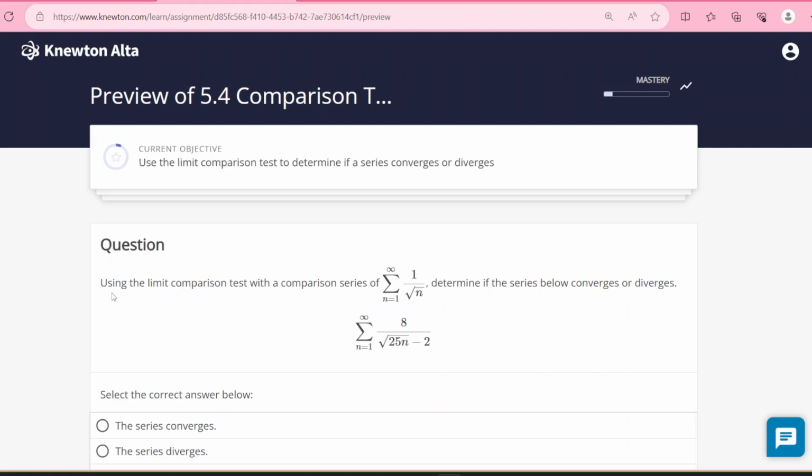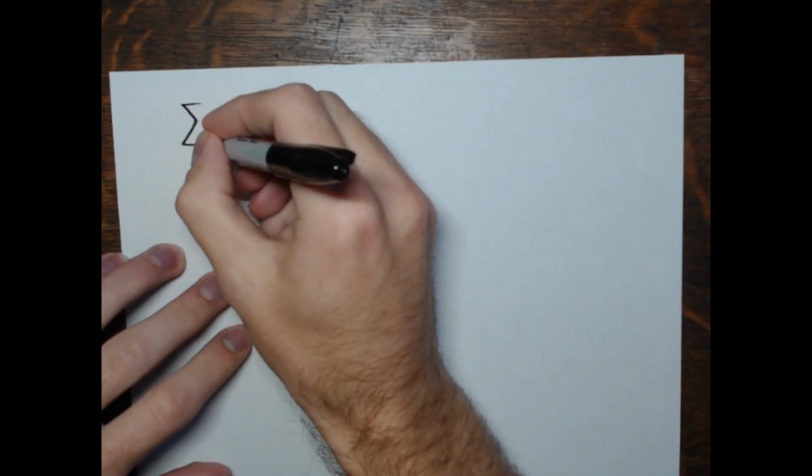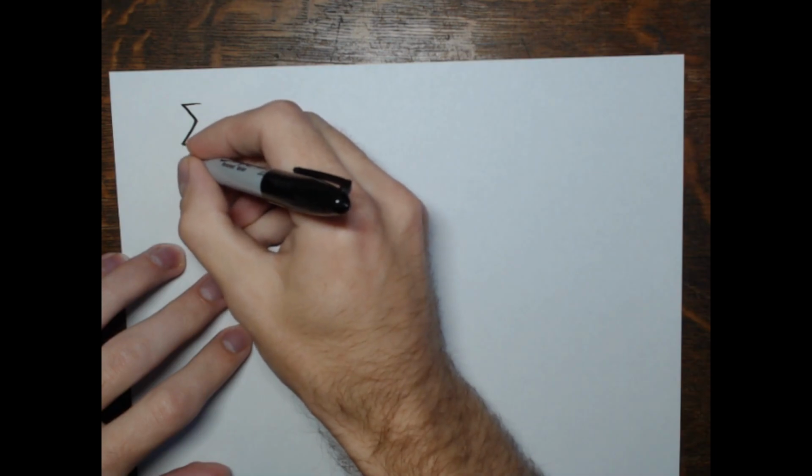This time they're saying use the limit comparison test, and they give us this p series. This is 1 over the square root of n, that's 1 over n to the half. Determine if the series below converges or diverges. Here's the series we're asked about.